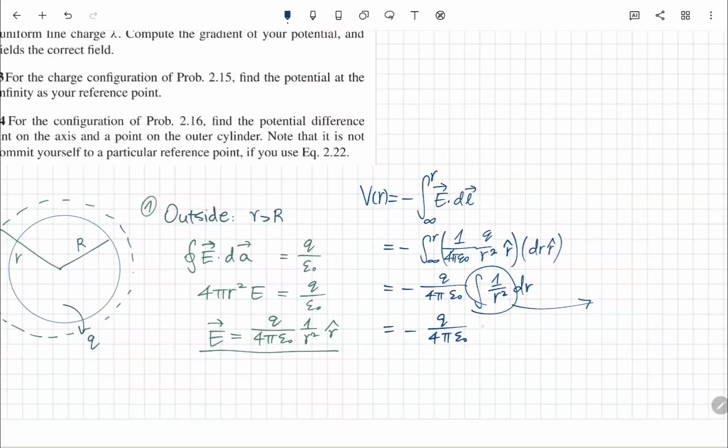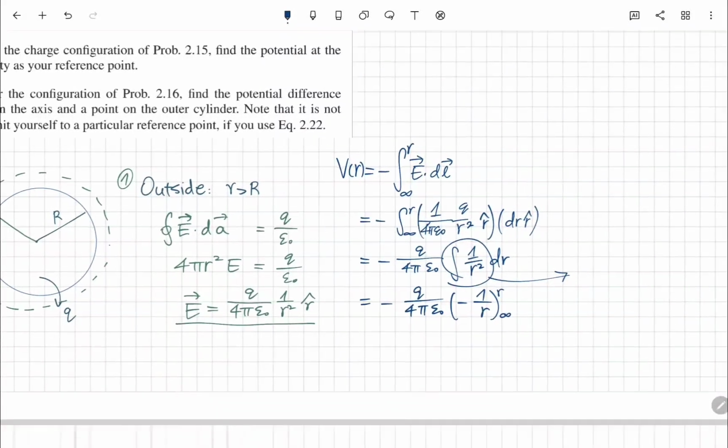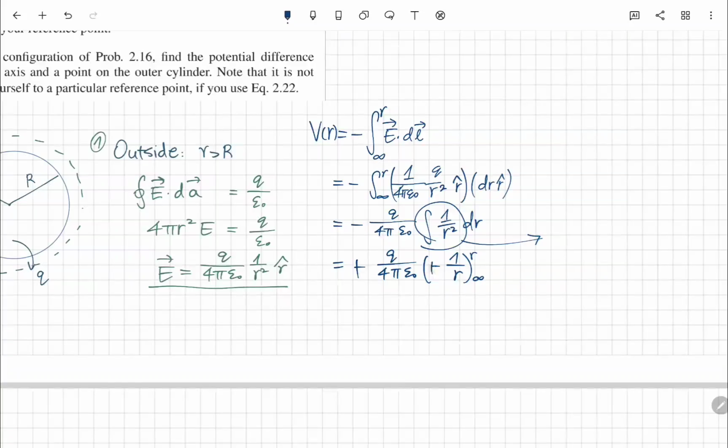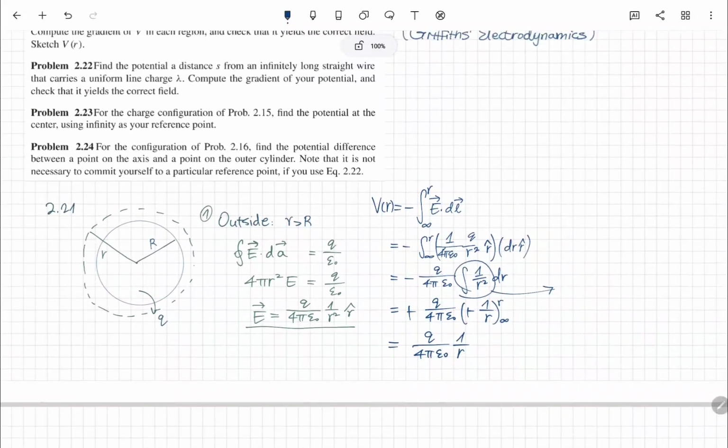It gives us minus 1 over r from infinity to r. Canceling these two minus signs gives us Q over 4 pi epsilon naught times 1 over r. Yes, this is it.